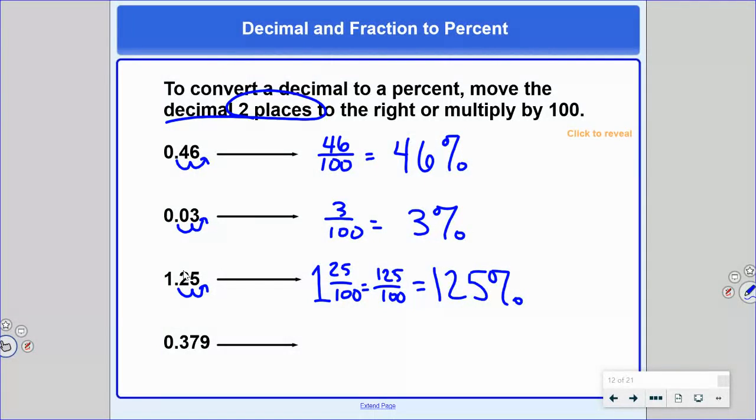This last one, little tougher. Shortcut works out quite nicely, but again, you better understand why. 37% and then a part of a percent, almost another whole. So what does this mean? Essentially, this means 379 thousandths, but we really need percents to be per hundred. So you're going to reduce or divide both numerator and denominator by 10.